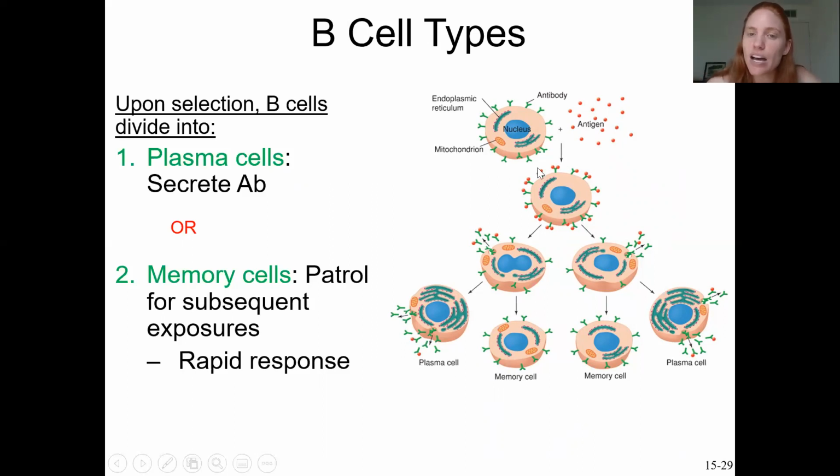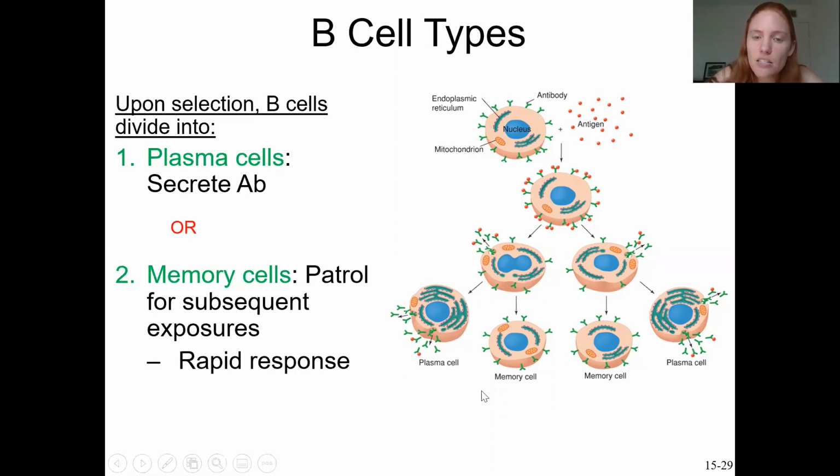Before this, the antibodies were only going to be found on the surface of the cell, so just sort of embedded in the membrane of the cell. But now what's going to happen is once it's been selected and it's making clones of it, some of them are going to start spitting out the antibodies, and then the antibodies are just going to be floating free in the plasma now. Okay, those are called plasma cells.